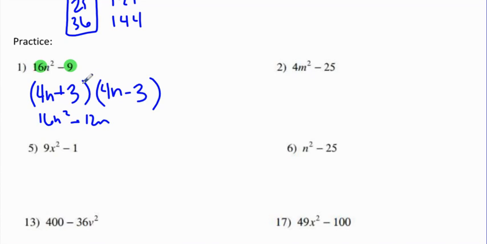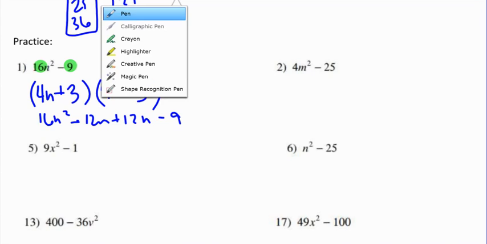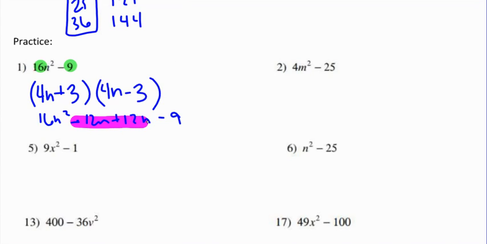And then I have 3 times a positive 4n, which is a positive 12n. And a positive 3 times a negative 3 is negative 9. So when you see this written out, negative 12n plus 12n cancels, right? That's 0. So then we're left with 16n squared minus 9, which is what we had originally, right?